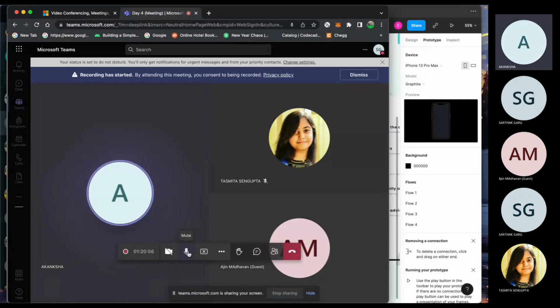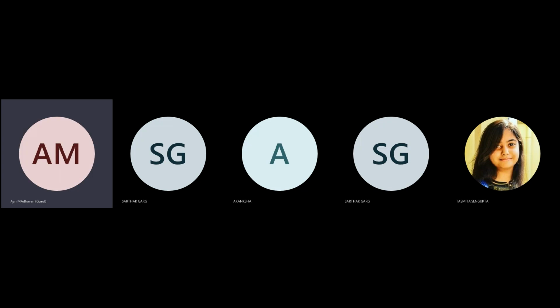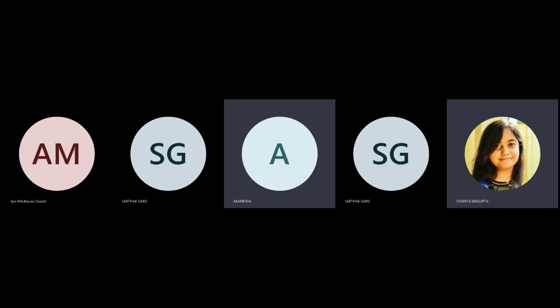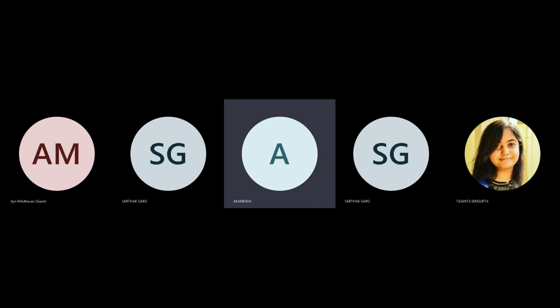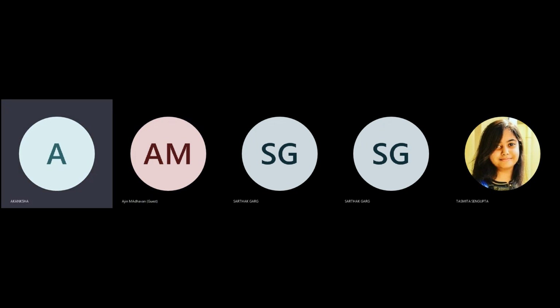Which branch are you guys from? I am from civil. And I'm a marine biologist, and I'm a beginner. But your app looks really good. I'm from design. Your app looks really good, Ajay. It looks really good.